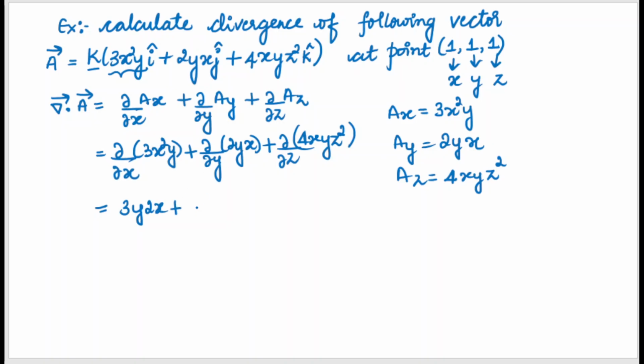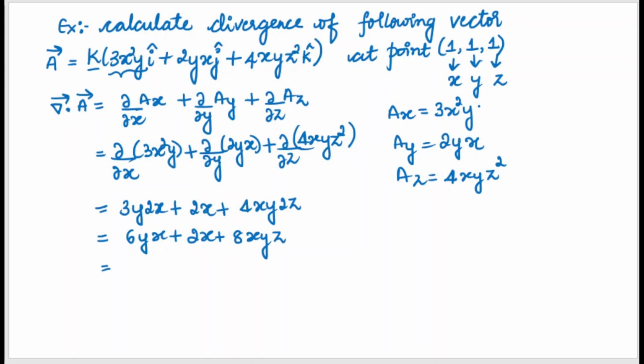Now differentiation of y with respect to y is 1, so 2 times x, plus differentiation of z square is 2 times z, so it will be 4xy into 2 times z. On solving this I got 6 times yx plus 2x plus 8 times xyz.